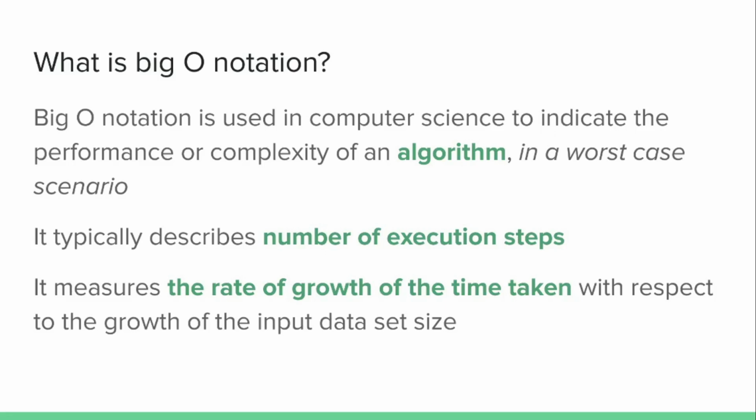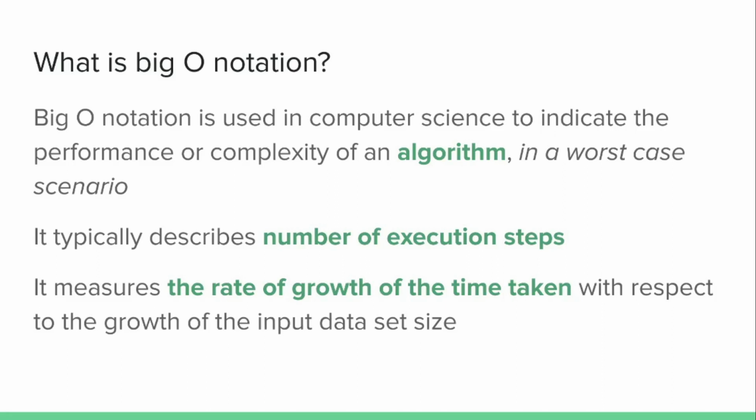And what we're measuring is the rate of growth of the time taken or number of steps taken by our algorithm with respect to the growth of the input data size. When we're talking about the complexity or performance, we might be talking about how many steps our program takes, or how long it takes for the steps to execute, or the amount of memory used by our program, or the amount of disk space used.